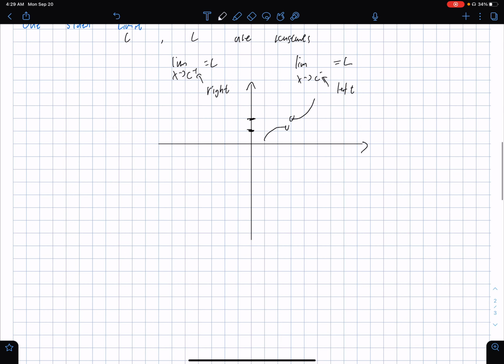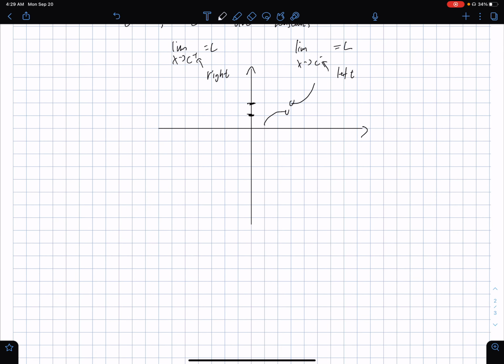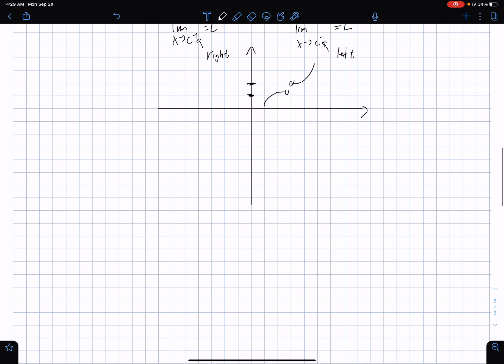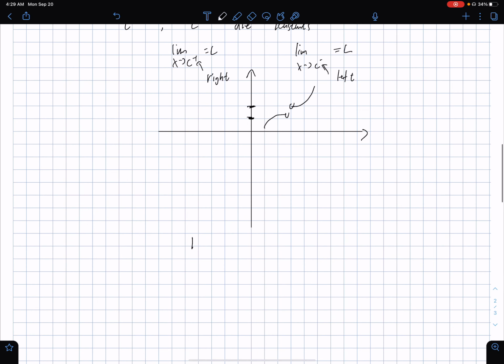And this just directly ties to whether a limit exists or not. If a limit exists, the limit as x approaches c plus has to equal the limit as x approaches c minus. So we can see here that this limit would not exist.